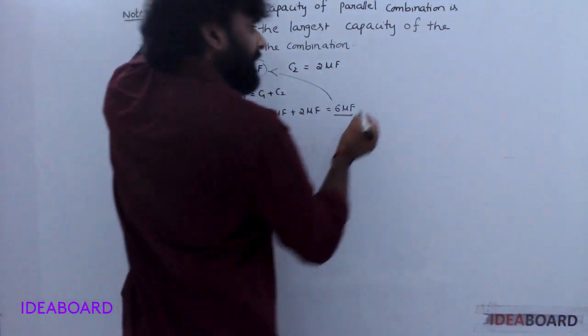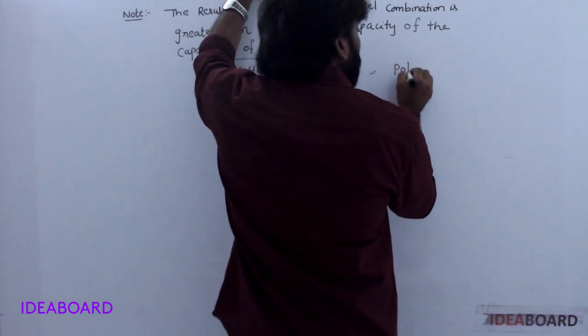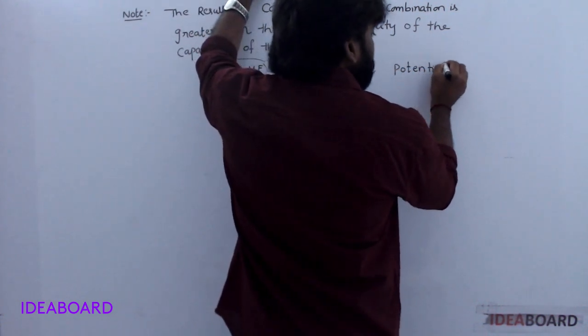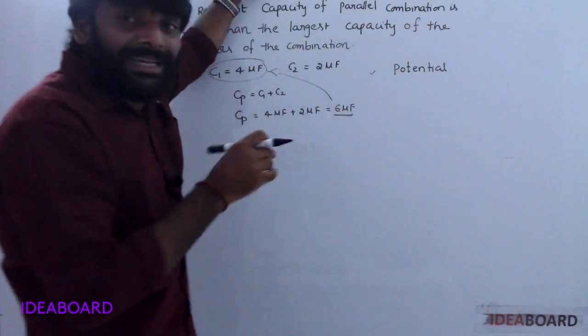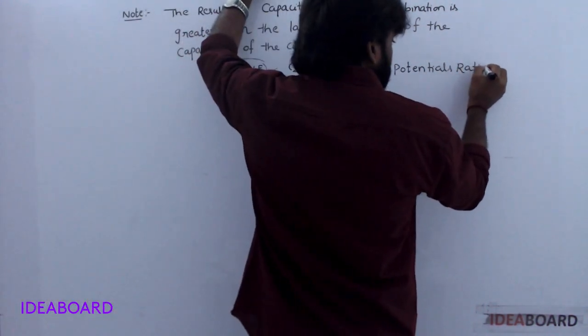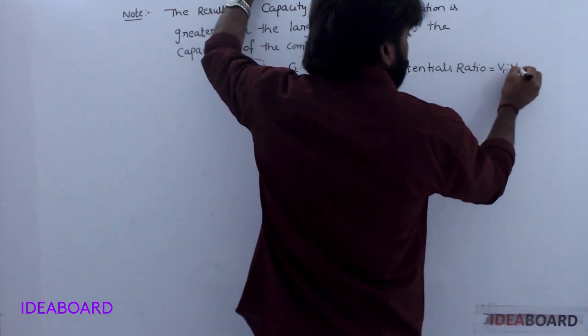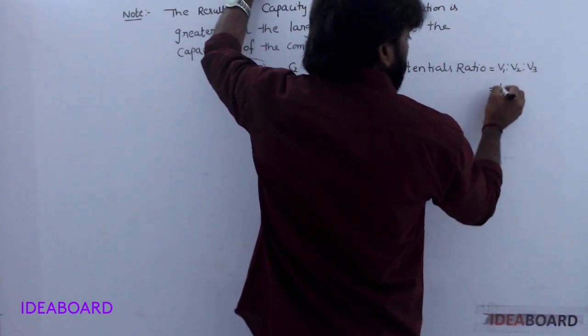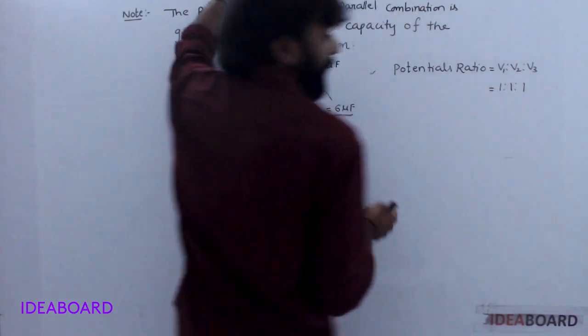Okay. Now in this parallel combination, potentials ratio: V1 is to V2 is to V3 equal to 1 is to 1 is to 1.